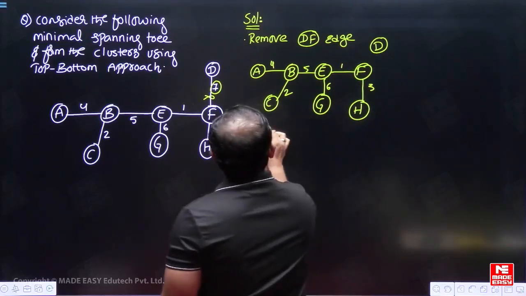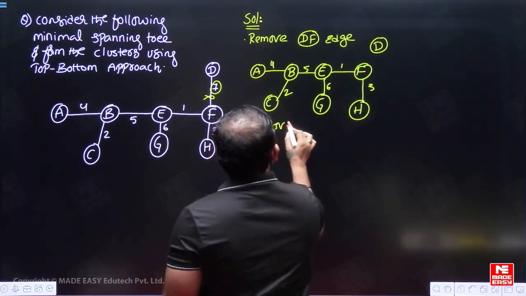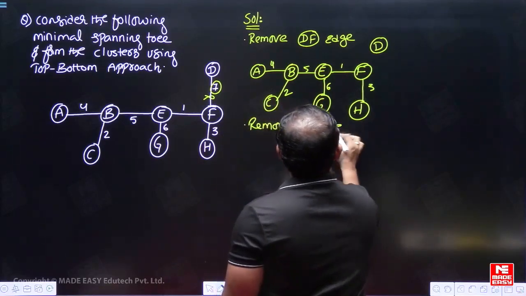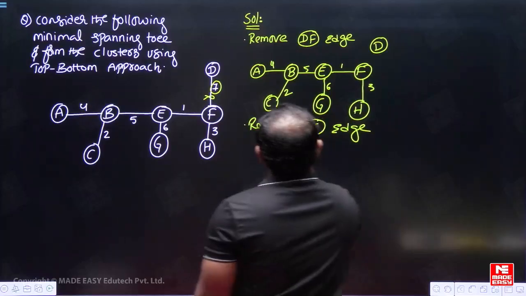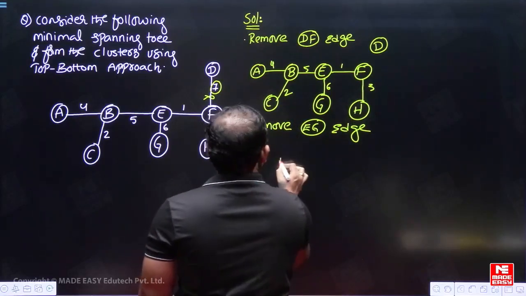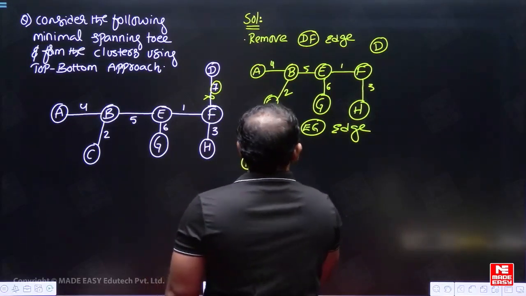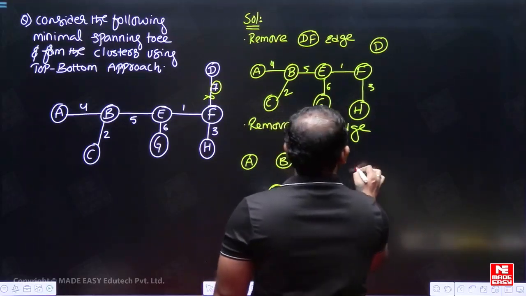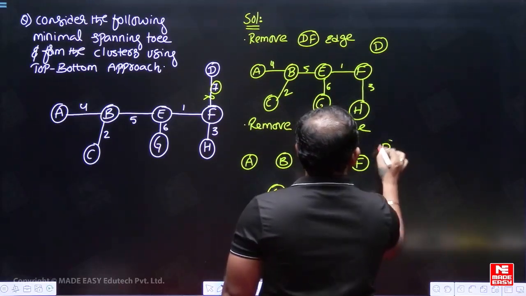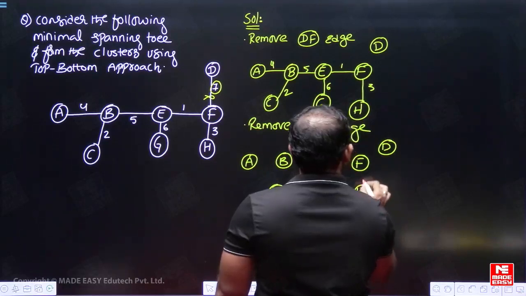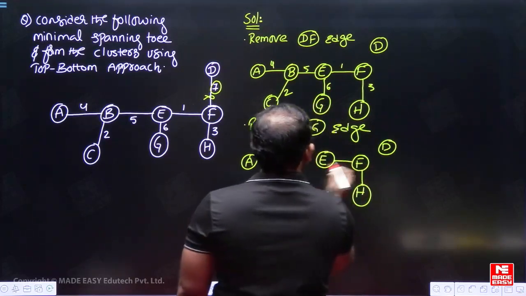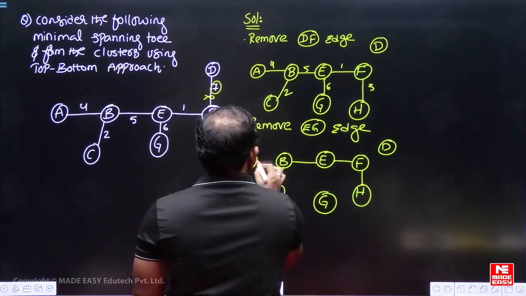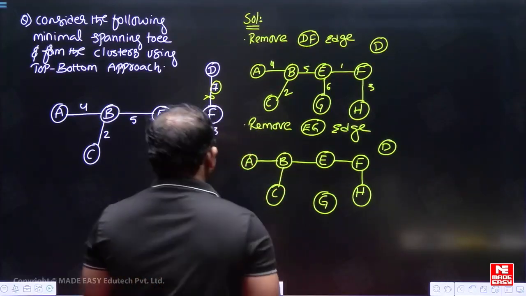Next, remove the EG edge. Okay, so now A, B, C, E. Now G is separate. F, D, H. Now the connections are like this.